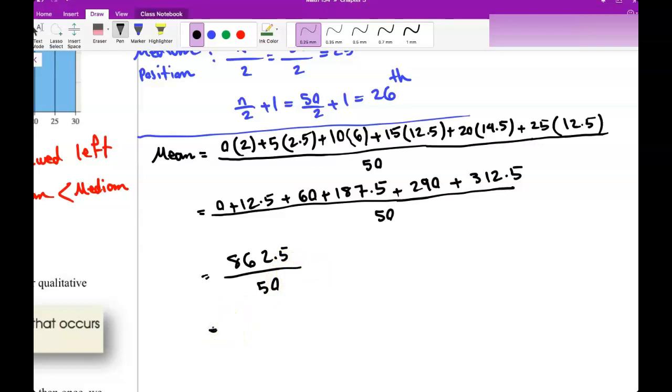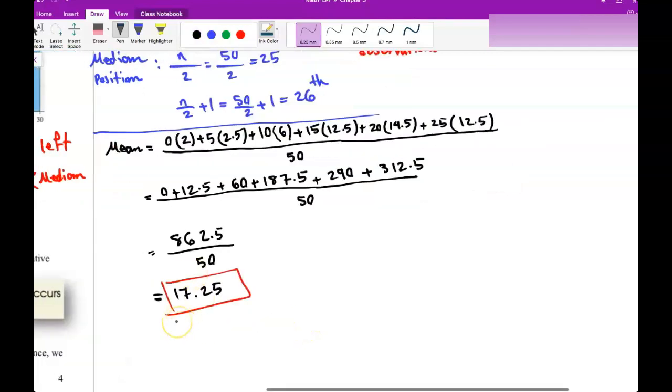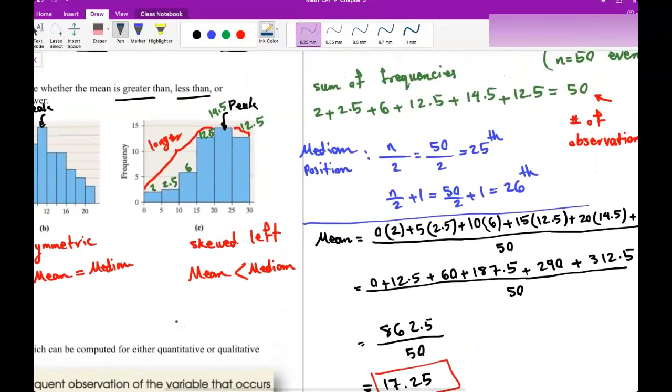So that is 17.25. Okay, so our mean is 17.25.